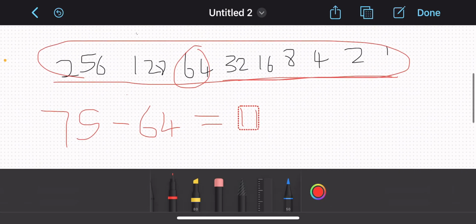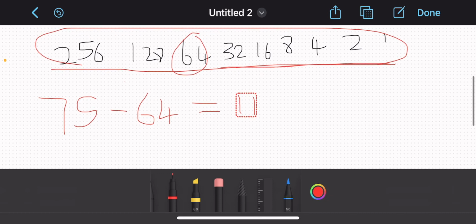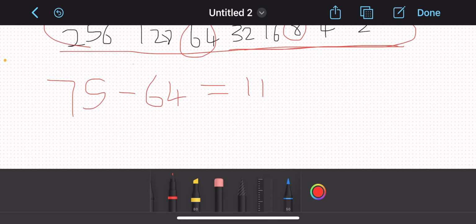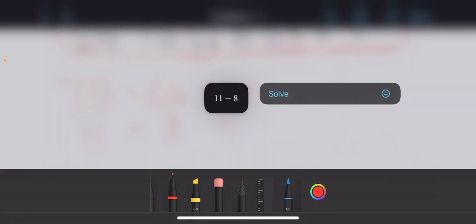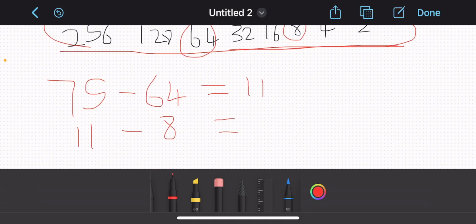And then we go back again. We look for the number that's smaller than 11, but closest to 11, which is going to be 8. So you're going to have 11 minus 8, which equals 3.